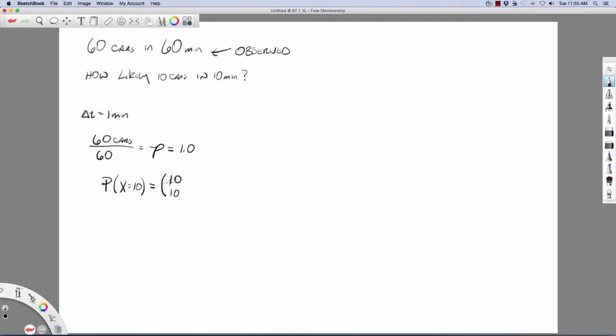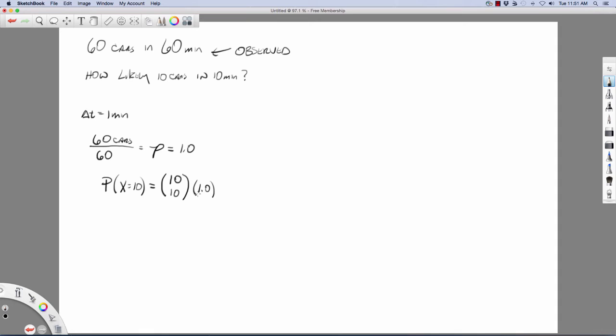So the number of trials is 10 because we've got delta t equals 1 minute. We've got 10 minutes, so there's 10 intervals of this 1 minute in 10 minutes. So that's the number n. And then x, we want to know 10 in 10. And as you can probably predict right here, this is going to be equal to 100%.